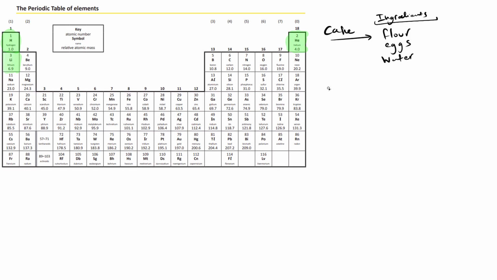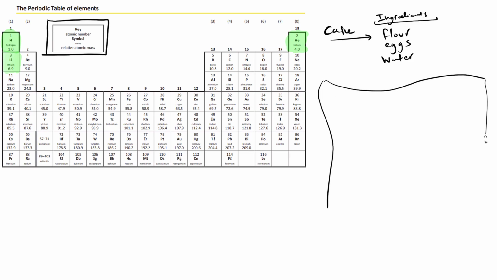So let's understand what this periodic table is. We have here something called the key, and this is similar to a video game. In a video game, you have something called the map, and the map tells you how to get to places, how to navigate the area. And on the map, you usually have symbols.